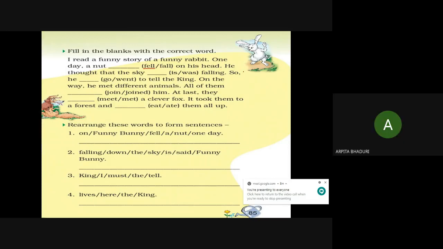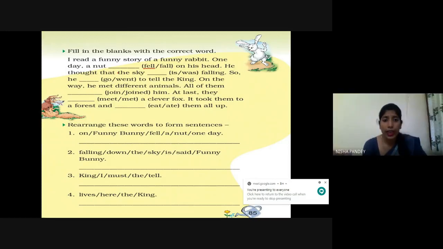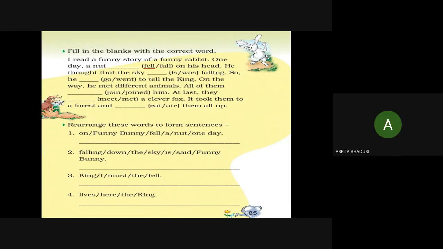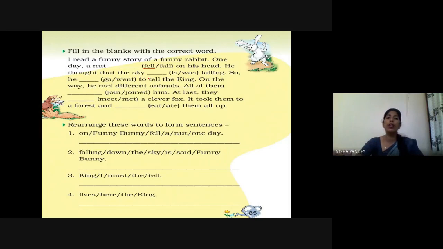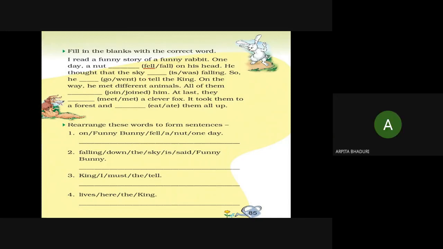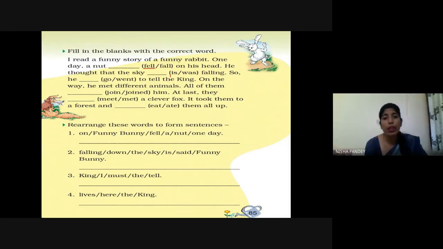Yes, ma'am. Next, he thought that the sky is falling. So what did he think after the nut fell on his head? The sky is falling. Yes, उसे लगा कि स्काई जो है वो गिर रहा है नीचे, है ना? तो उसका एक छोटा सा टुकड़ा आके मेरे सर पे गिरा, इसका मतलब कि स्काई गिर रहा है.